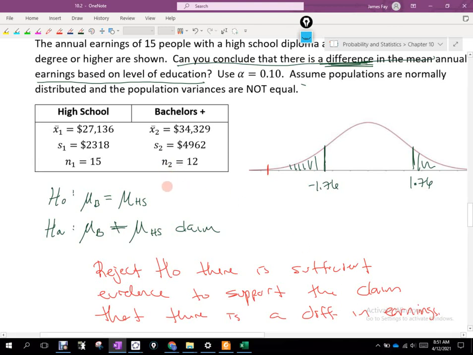And if I think about this, if I reject that, when I say UB minus UHS is not 0, and we look at these values, we can argue then that bachelors are going to make more, statistically speaking. We now know that bachelors collectively, if you have that degree, you're going to make more than high school.